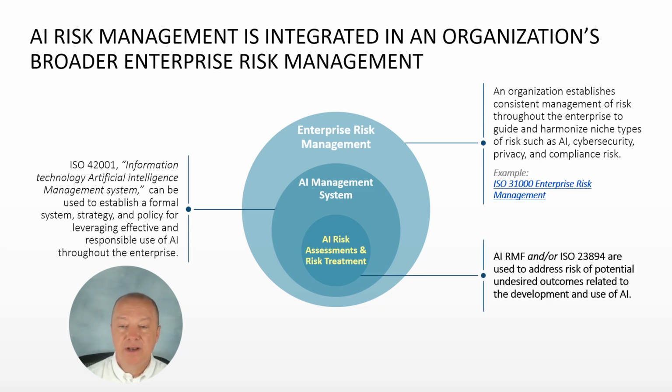And within that, we can have managing the risk of AI and its utilization throughout the enterprise, and we have risk management frameworks to assist in this from both NIST with its AI Risk Management Framework 1.0, as well as the ISO 23894 framework that helps us, again, to better address risk of potential undesired outcomes of artificial intelligence and its adoption and use throughout the organization.